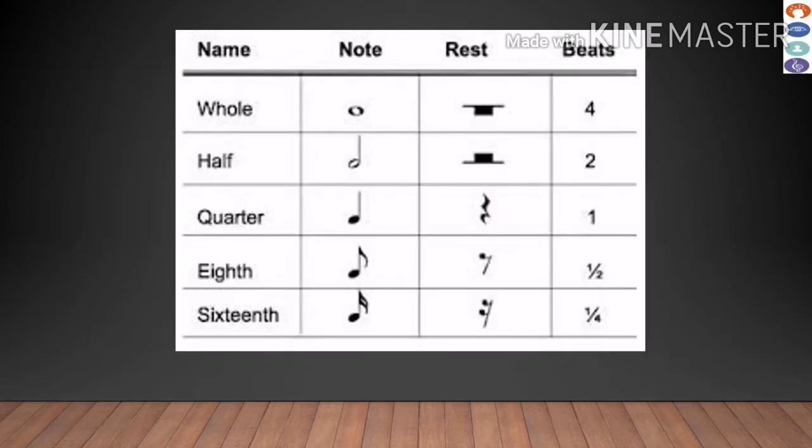Notes are timed sounds, while rests are timed silence. It is important to know the relationship between these different kinds of notes and rests in order to read music. Let us first learn the different types of notes and we proceed next in learning the different kinds of rest. Are you ready? Let's start.